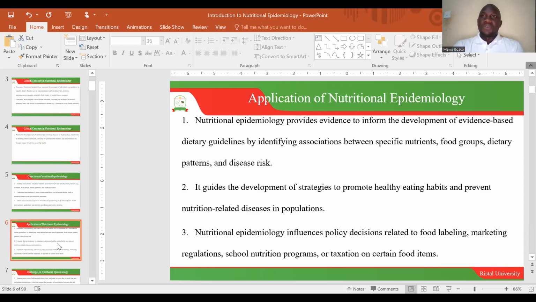We also use knowledge from epidemiology in informing decisions about guidelines, policies, and what we call dietary guidelines. So we use nutritional epidemiology in a number of fields.